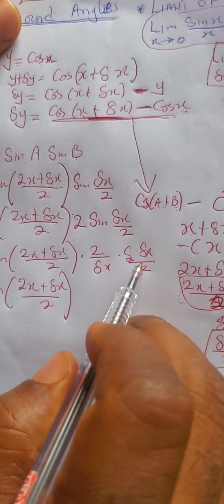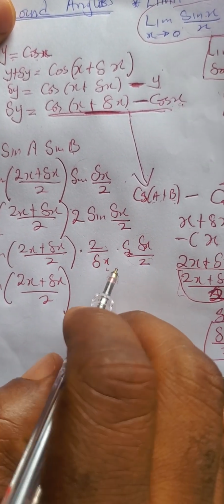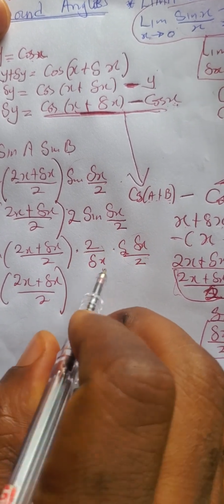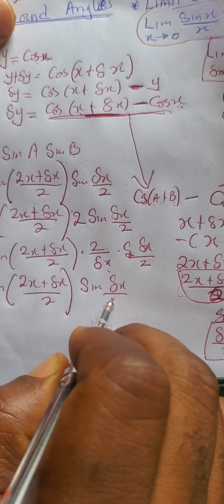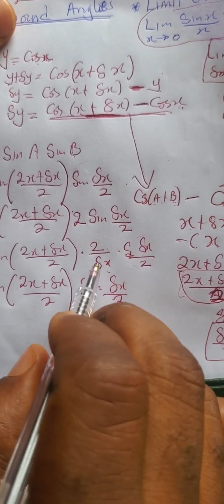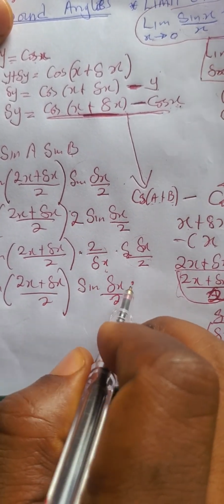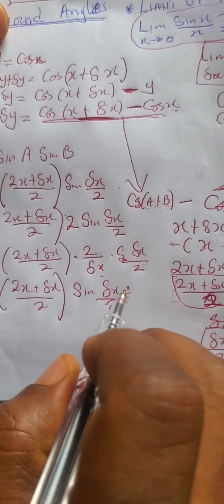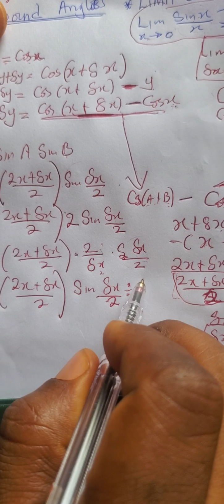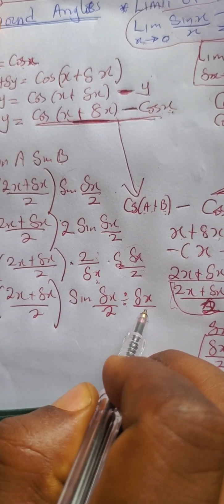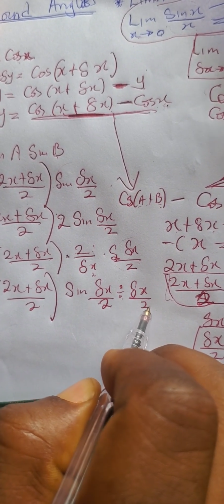Now, this expression can equally be rewritten in this format. Since I'm multiplying this expression with this expression, I can put it in the form of division. Let me write this: I can write it as sine delta x divided by 2. Then instead of this multiplication, I can write division. When I'm writing the division, this one will go up, this one will come down. I'm having delta x divided by 2.